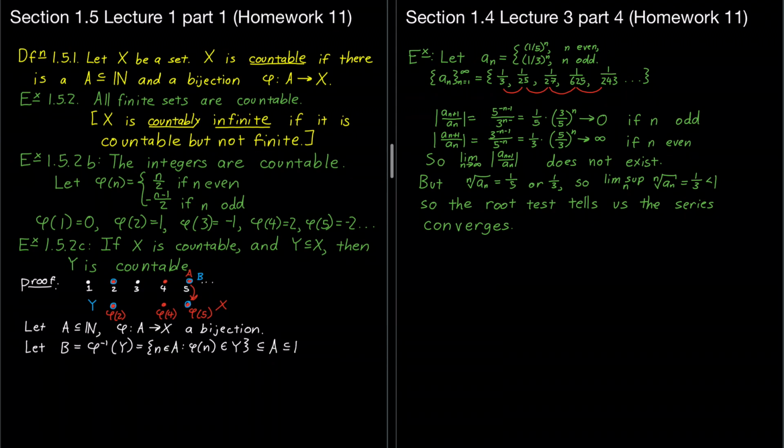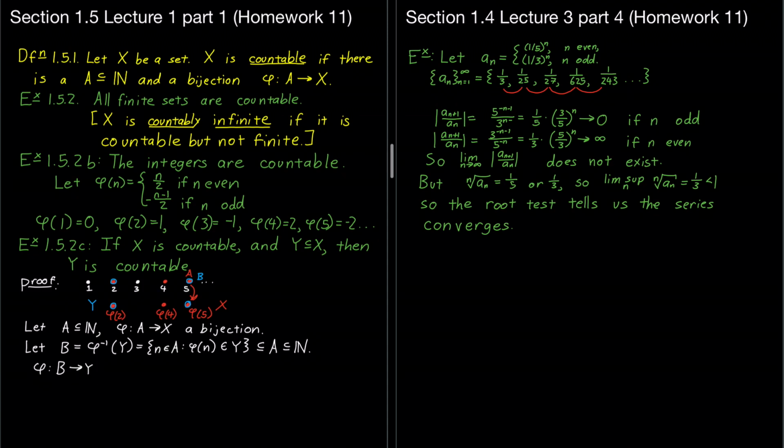A is a subset of the natural numbers, so B is a subset of the natural numbers. So then phi is a function, if you restrict phi to B, phi maps from B into Y. That is, if n is in B, then phi of n is in Y.